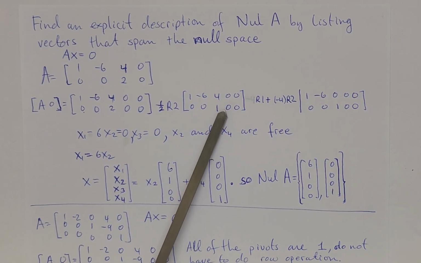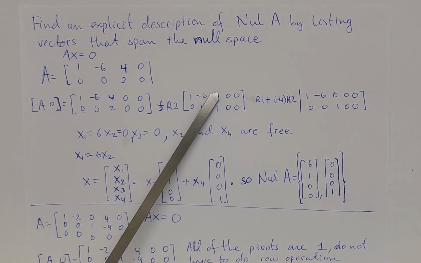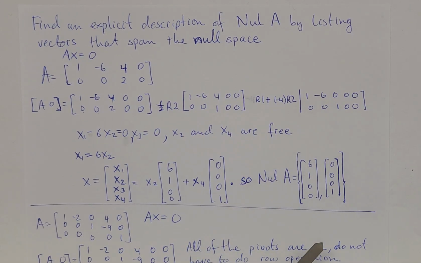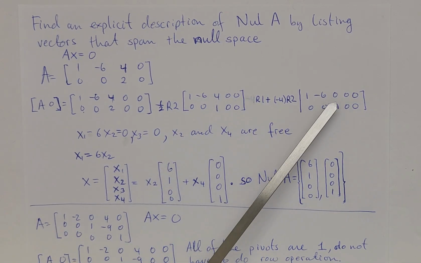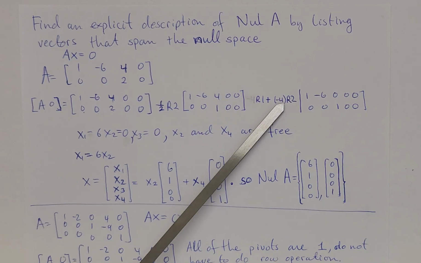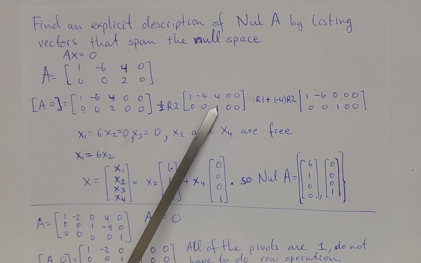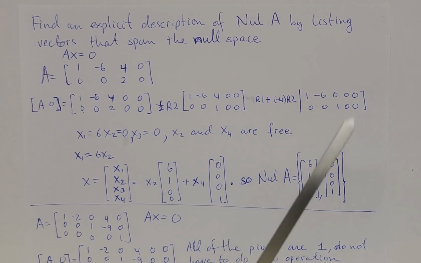Next, there's nothing to do here, so we leave that alone. However, we do have something above this 1, so we need this 4 to become 0. The opposite of 4 is negative 4, so negative 4 times 1 is negative 4. Negative 4 plus 4 gives me this 0.